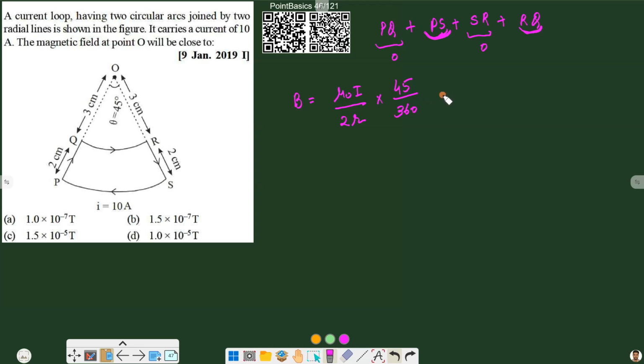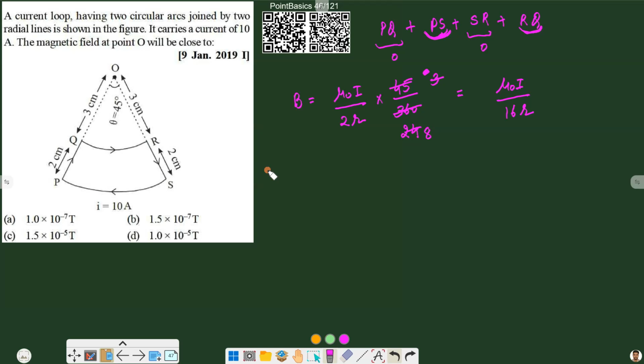For both, the angle is 45, so the formula stays the same, only current, radius and direction will change. So it will be mu naught I by 16 R.